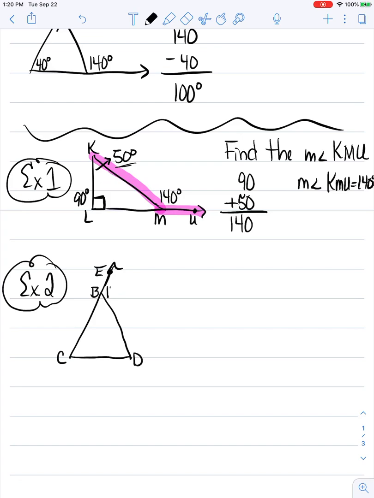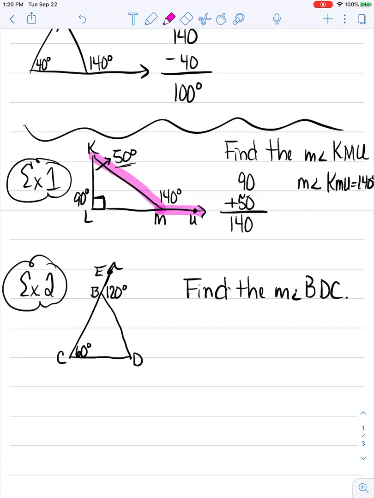And I'm going to tell you that this right here is 120 degrees, and this is 60 degrees. And I'm going to say find the measure, that's what that stands for, the measure of angle BDC.